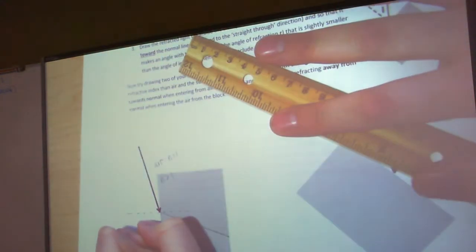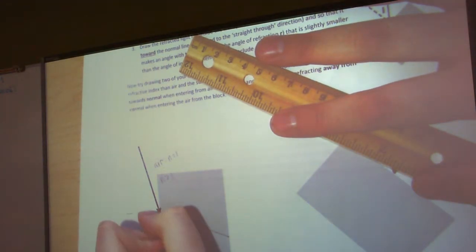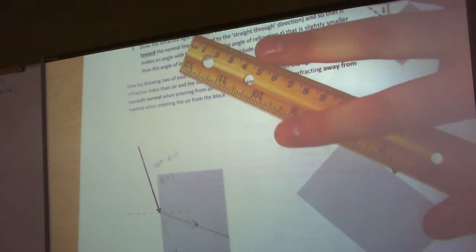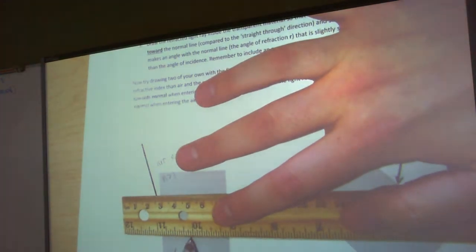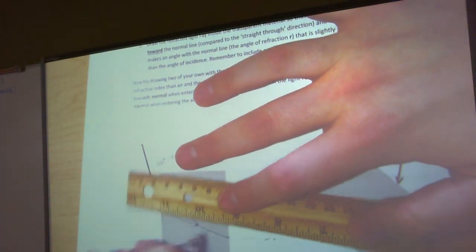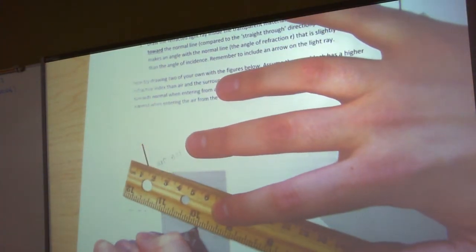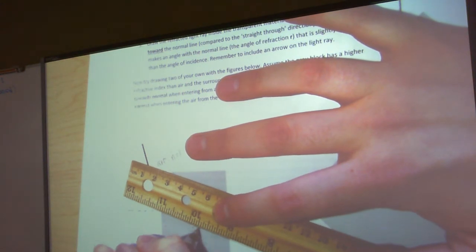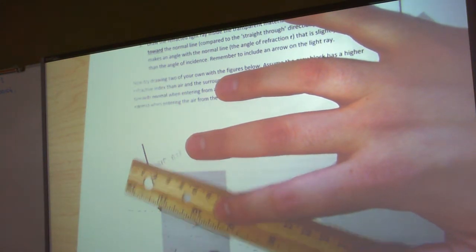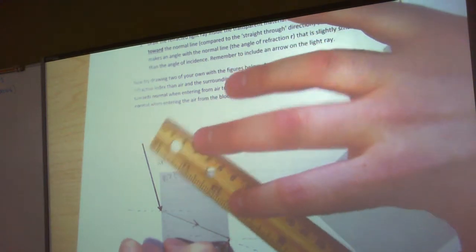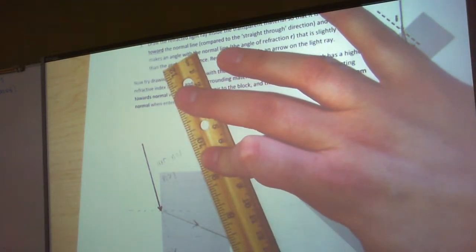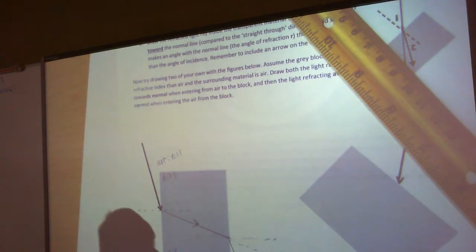And then what about when it reaches this other interface now? It's going to go back to how it was. Yep, so we draw our normal line. We can go ahead and draw this continuing if we want to have a reference. Say this is what it would do if it didn't bend, but it is going to bend. It's going to go back in the same direction it was going, just like we saw those cars doing.